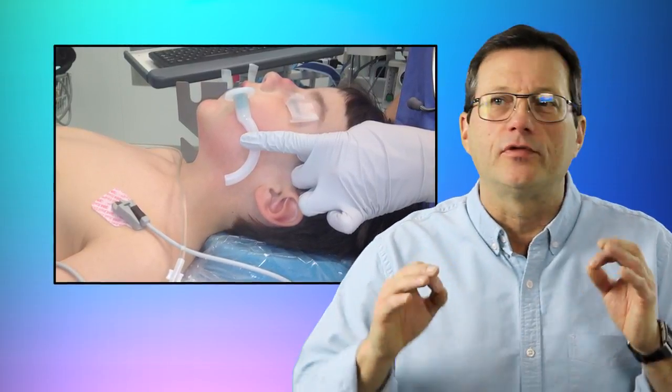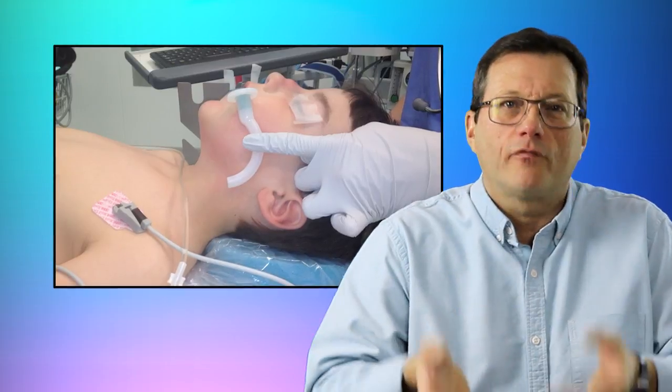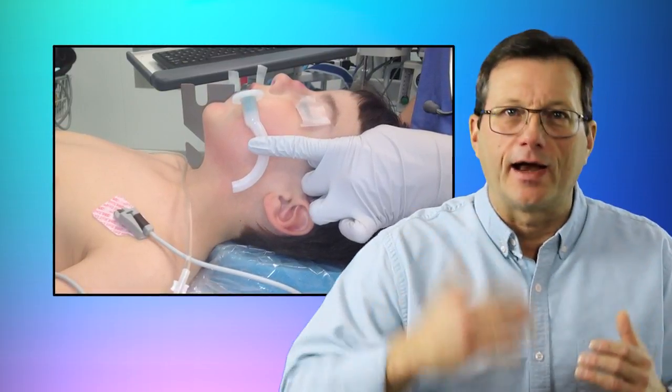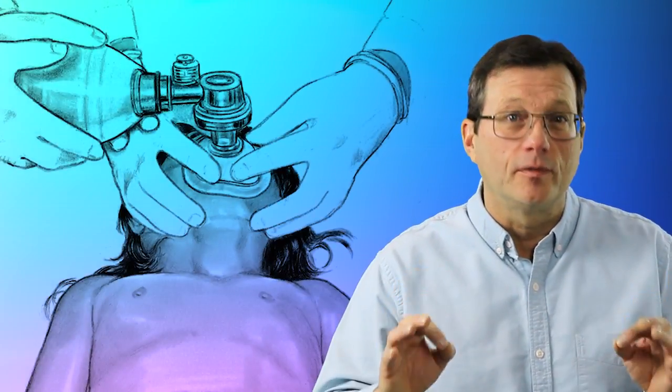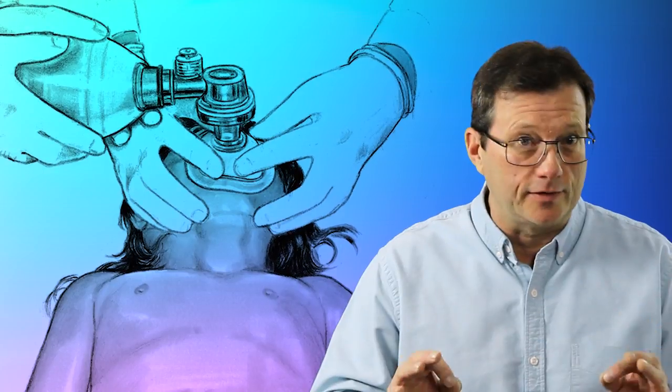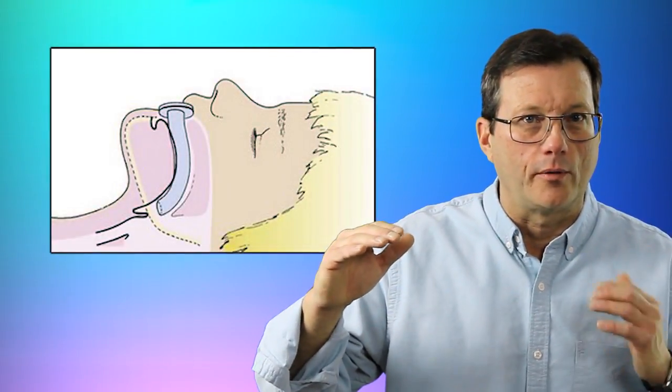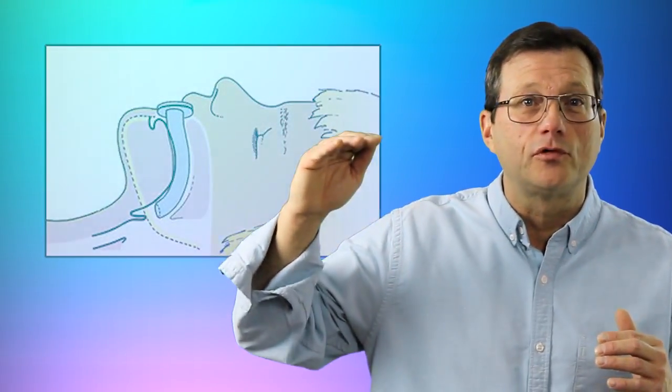The whole object of the oral airway is to get that tongue off the back of the throat and open up that pathway so we can get air in and out of the child. So in airway management, we start simple. What's the simplest thing we can do to maintain patency of that airway? It may just be the head tilt chin lift, or head tilt chin lift with an oral airway. That doesn't work, then we have to move to an advanced airway. So we're becoming more aggressive in our airway management as we need to maintain that airway.